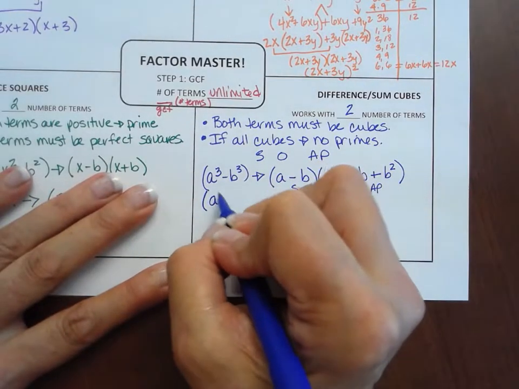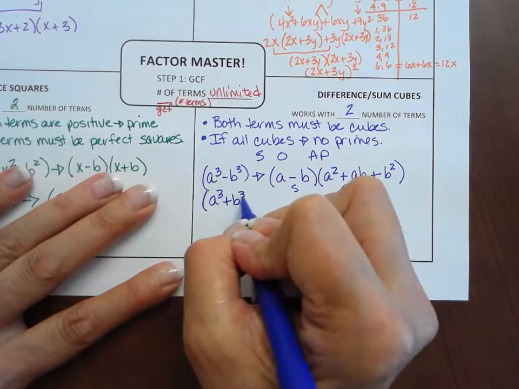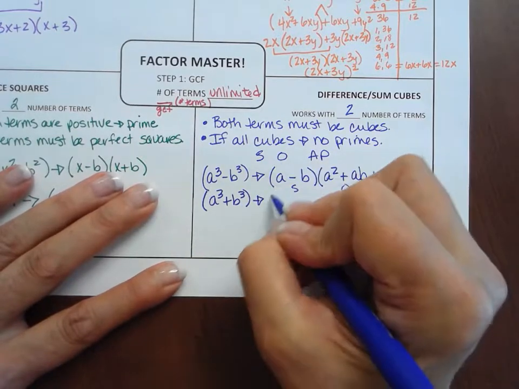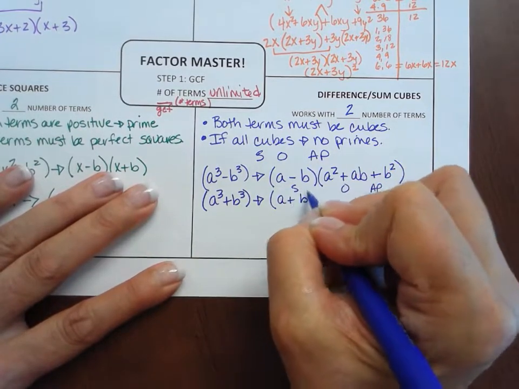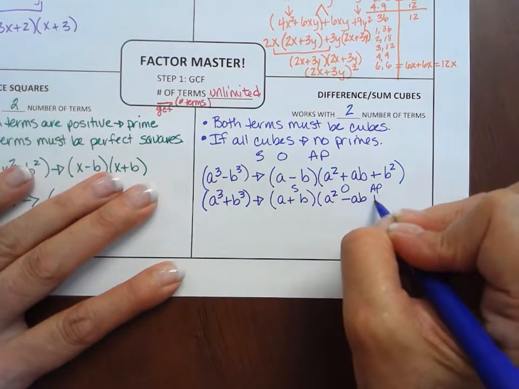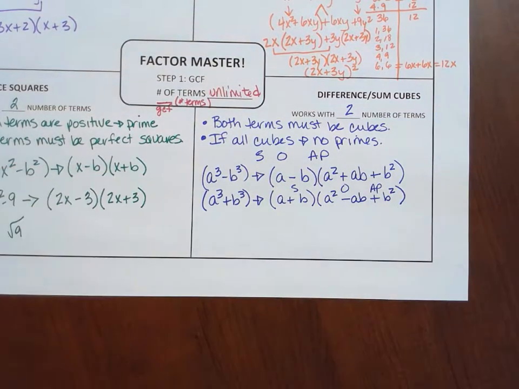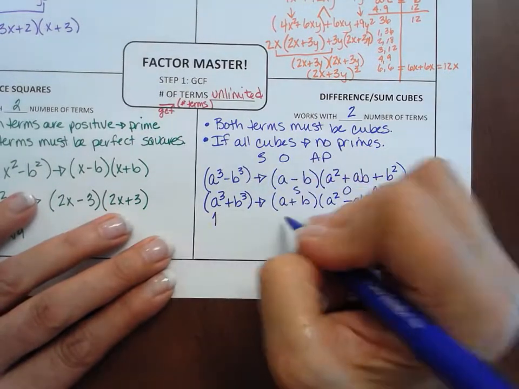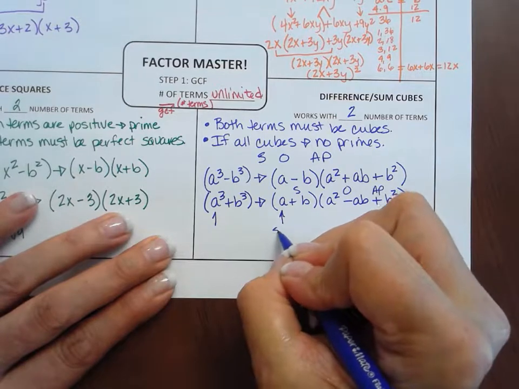And then if you have a positive, we just flip all the signs except for our always positive. Feel okay about those? So think about, this is the single.